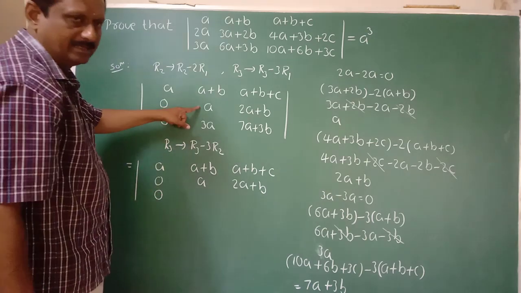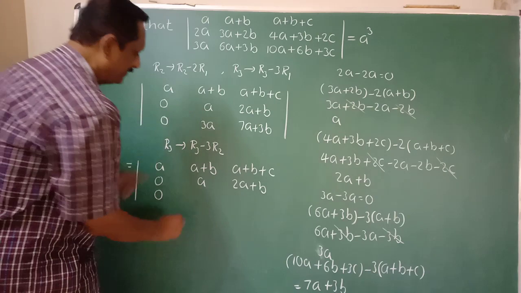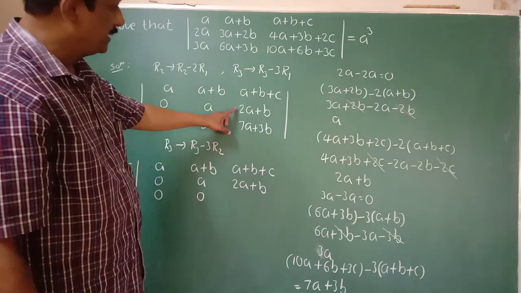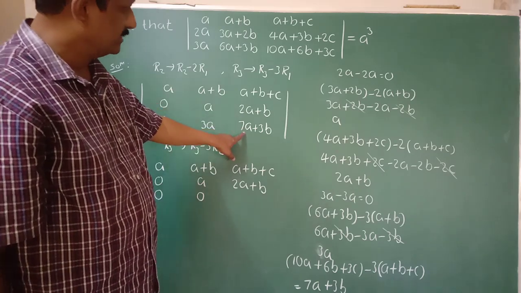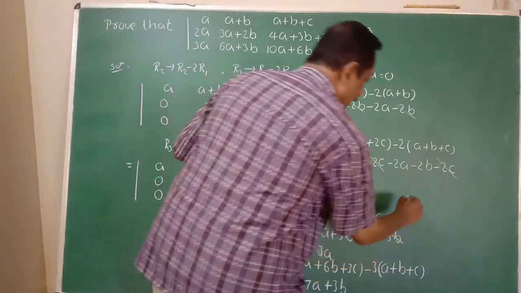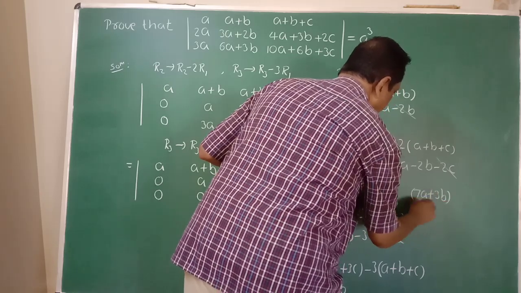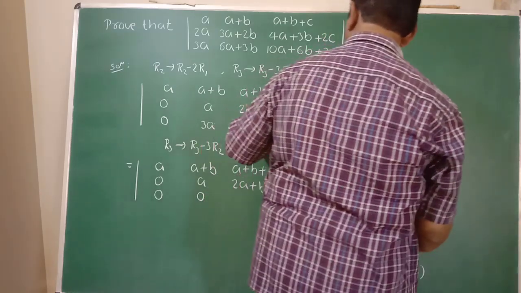Multiply by 3, then subtract: 3a minus 3a becomes 0. So this is 0. Then multiply by 3 and subtract: 7a plus 3b minus 3 into 2a plus b.